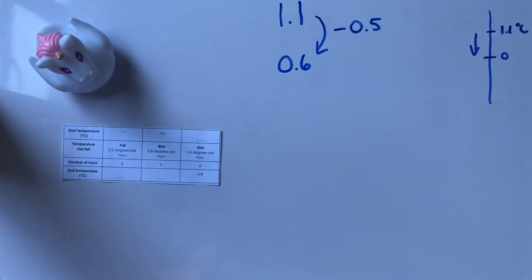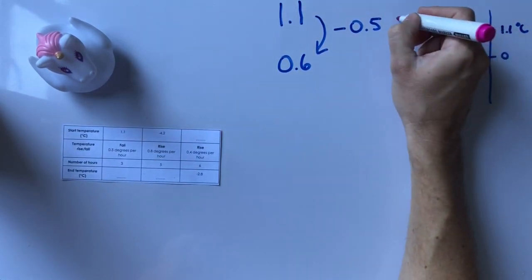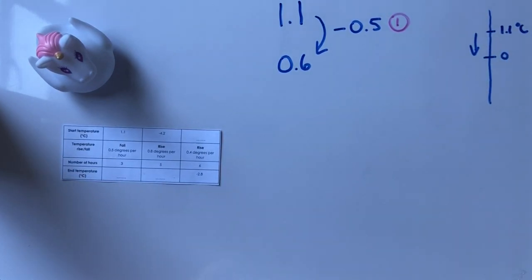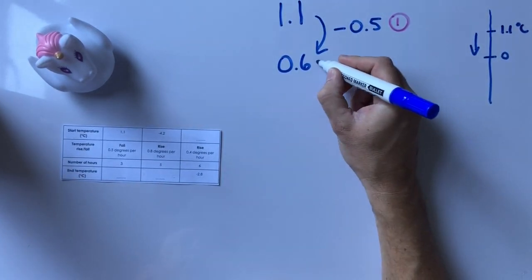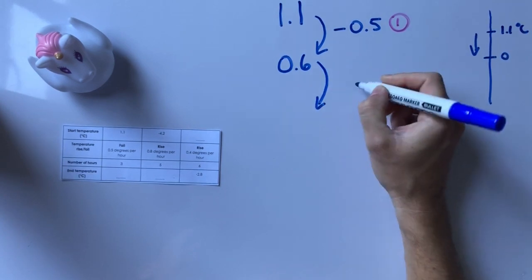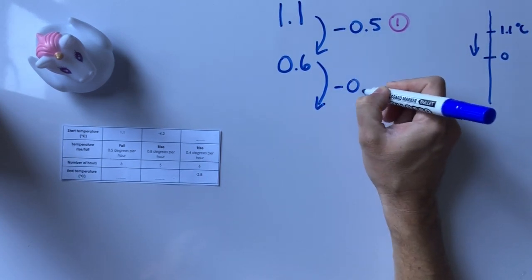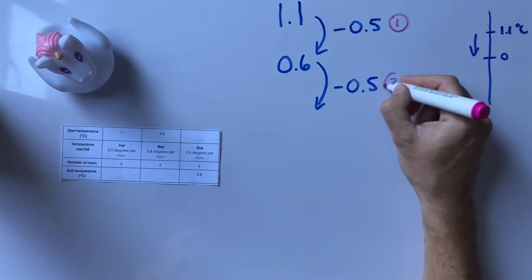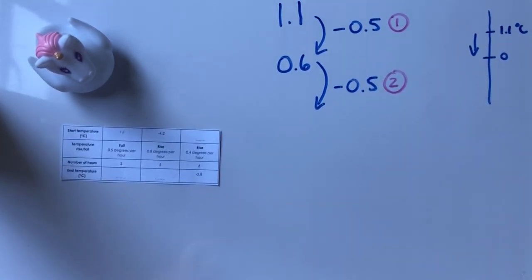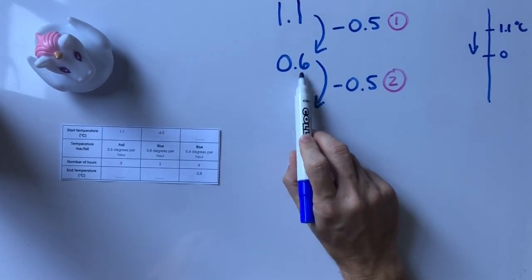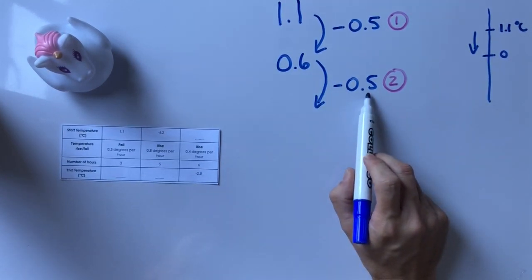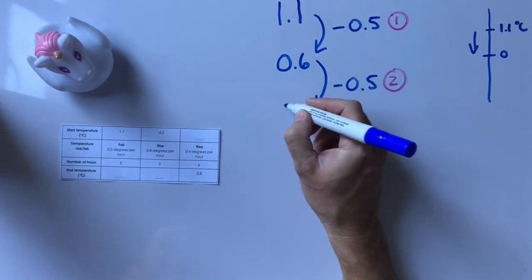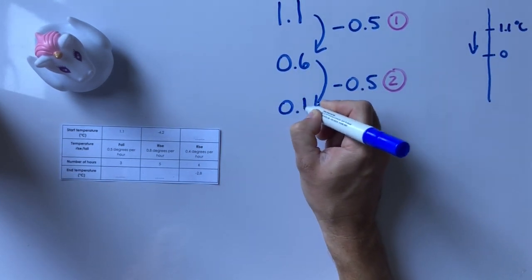So this is after the first hour. So this was hour 1, but I know it happens for 3 hours, so I have to drop again. From here, I drop again by 0.5. This is the second hour. And again, it looks weird, but it's 0.6 minus 0.5, or 6 minus 5, and that's going to be 1.